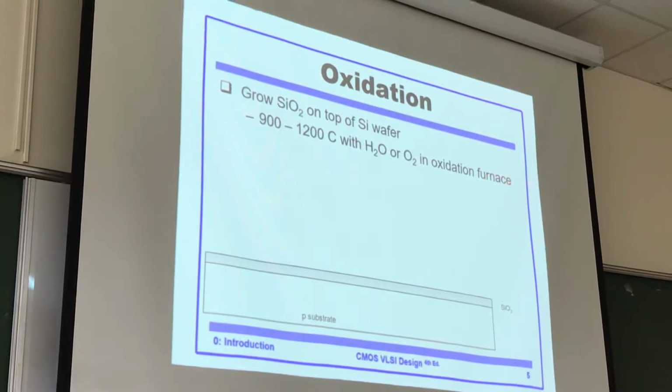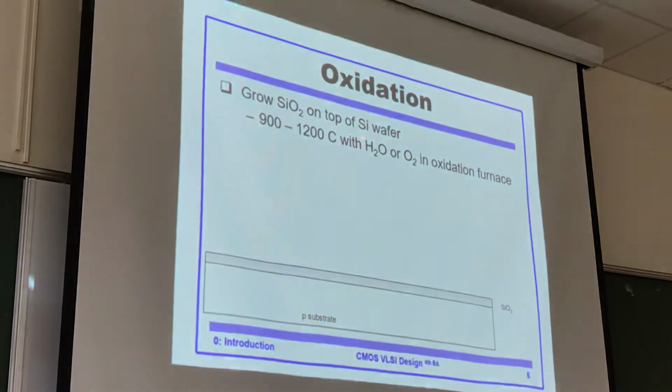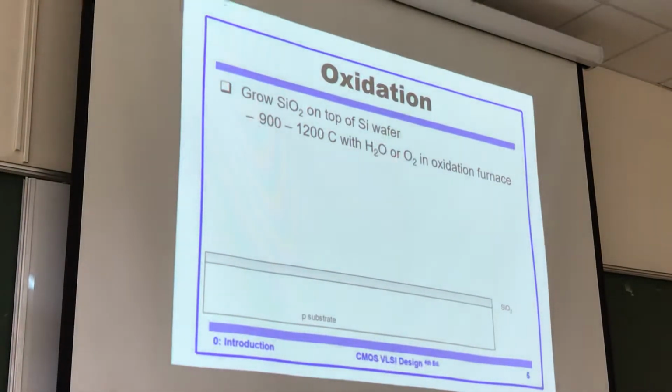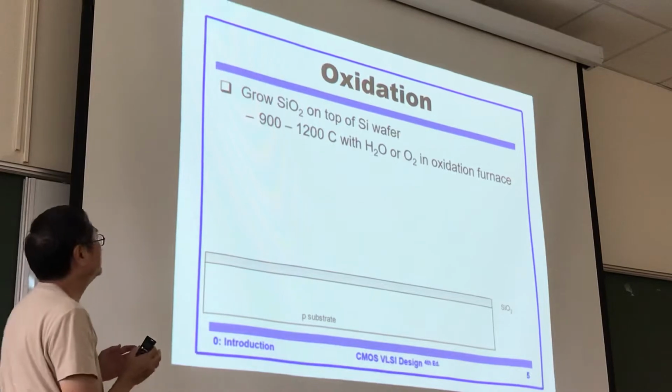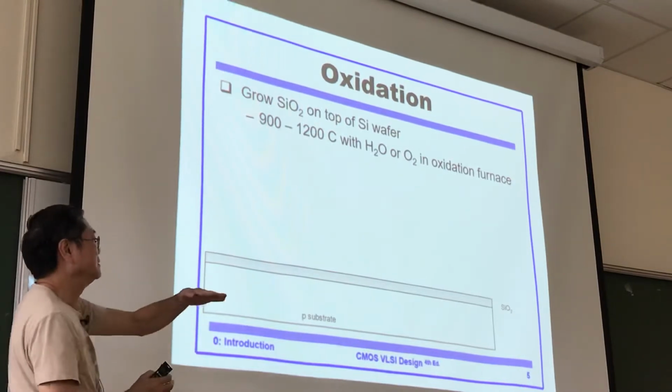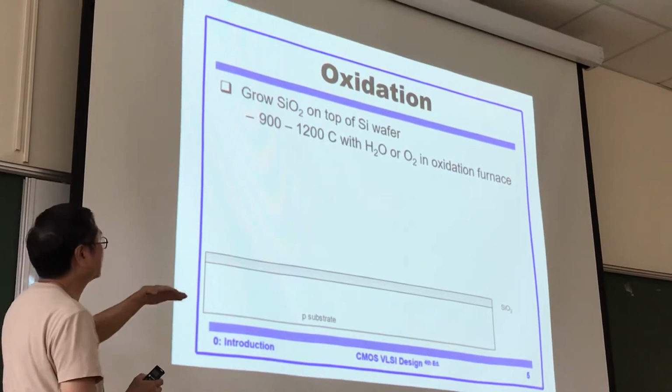This is a furnace that can bake at very, very high temperature, 900 to 1,200 degrees Celsius, very, very hot, with H2O or O2, such that we are going to build a layer on top.